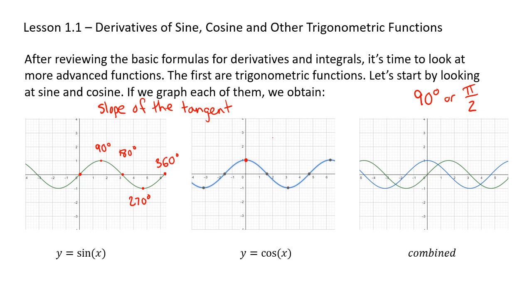So the slope at each of these points is relatively simple. You can see in the sine, at the start, it's in the positive direction. It actually ends up being a value of 1, but that's not necessarily important. You'll see it's in a positive direction. When it gets to the very top, the slope of the line tangent to it would be 0.